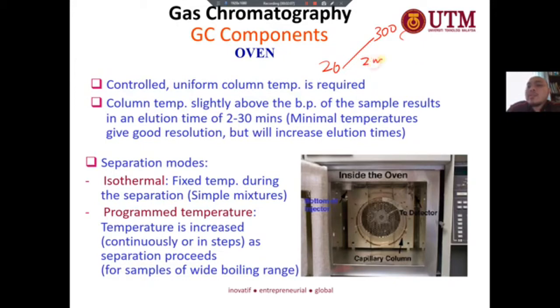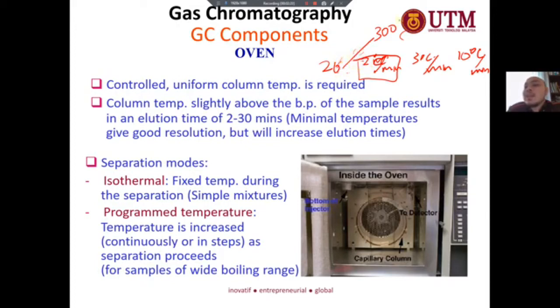For example, 2 degrees C per min, 3 degrees C per min, 10 degrees C per min. It means that every minute, it will increase by 2 degrees. For example, in minute 1 you will increase to 22, in minute 2 to 24.